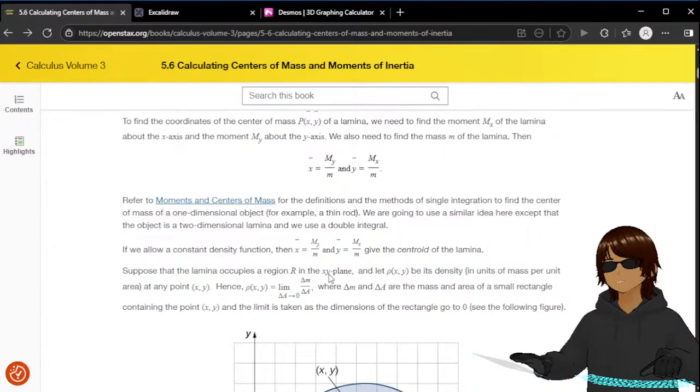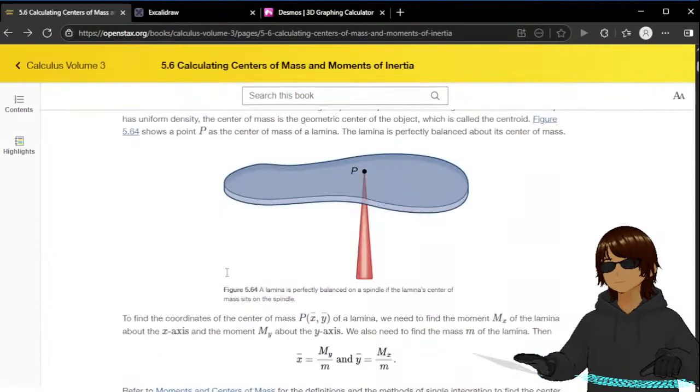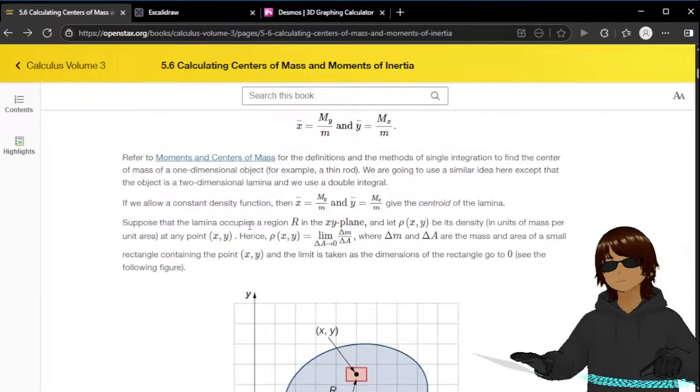Suppose the lamina occupies a region R in the xy plane, and let rho of x, y be its density in units of mass per unit area at any point x, y. Hence, rho of x, y is equal to the limit of mass divided by area as area goes to 0, where delta m and delta A are the mass and area of a small rectangle containing the point x, y, and the limit is taken as the dimensions of the rectangle go to 0.